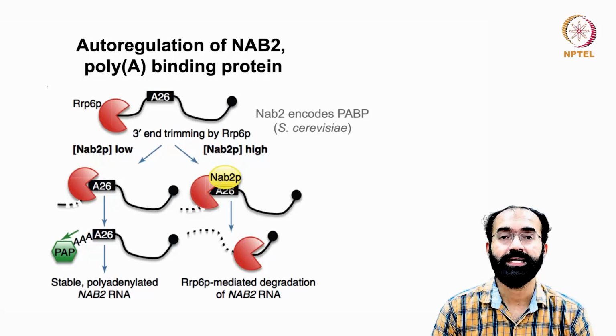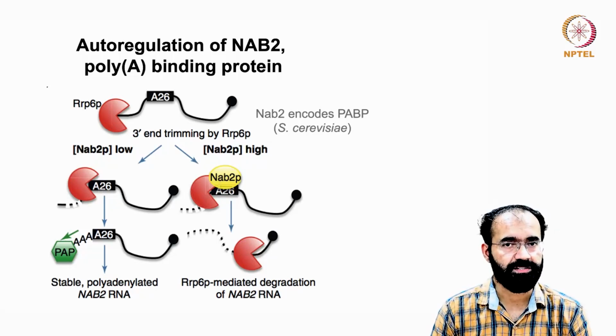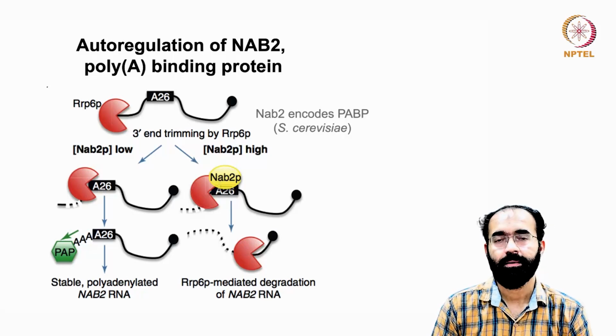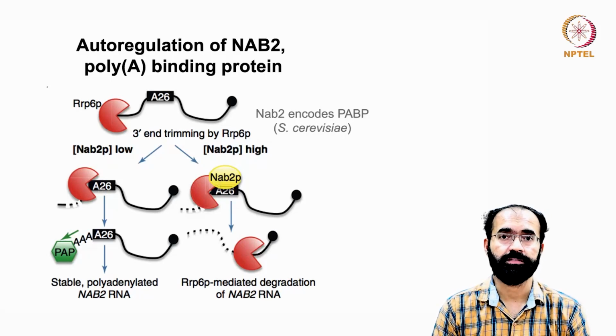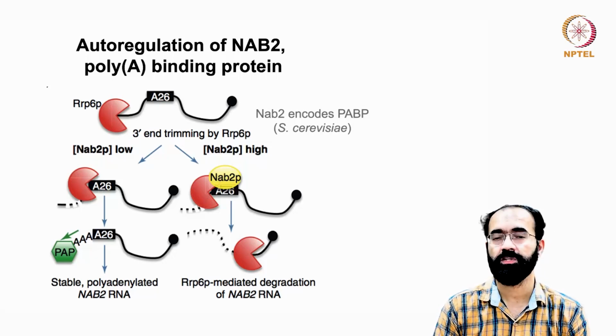If NAB2 is high, it will follow another pathway. We discussed in the previous class that many autoregulations are demand-based autoregulation. That means if there is more product, you don't want more product, so you want to reduce it. So one way of reducing it is getting rid of the RNA encoding that gene so that no more protein is formed.